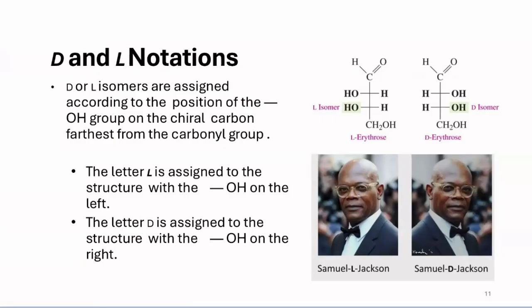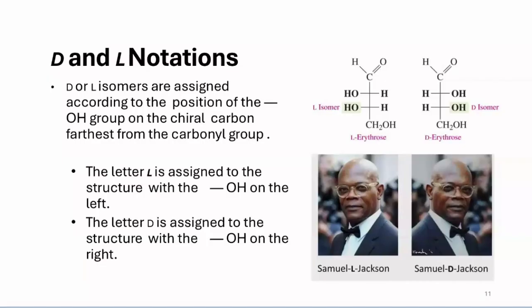So whenever we have carbohydrates and we're trying to define the D or L notation on it, what we need to do is find the chiral carbon that is the farthest away from the carbonyl group. Then you're going to look specifically in carbohydrates at the location of the OH in that molecule.